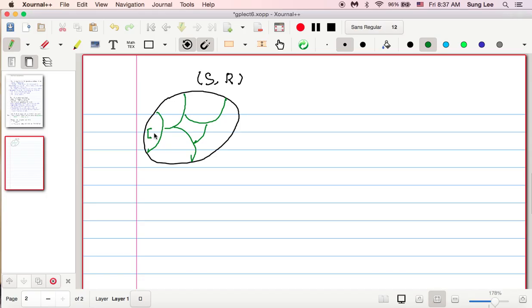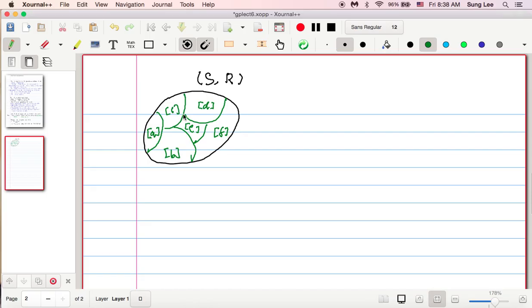Okay, so that's class of A. This is going to be class of B, class of C, class of D, class of E, class of F. Okay. S might have more elements, many more elements, or possibly infinitely many elements.